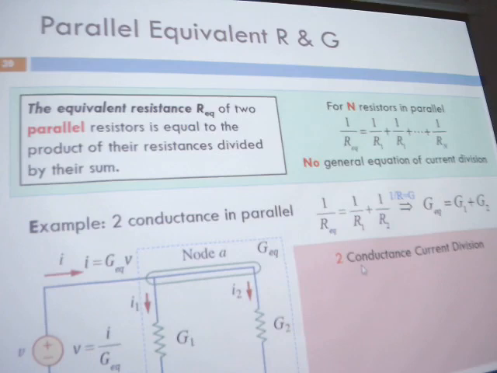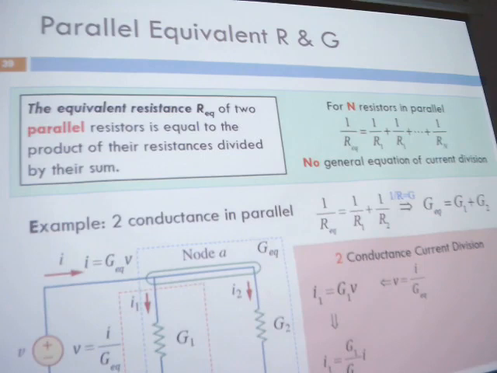Then we can get the two conductors current division. I1 equal to G1 V, clear? I1 equal to V over R1, clear? And for this equation, we can get V equal to I over Geq. And from this one, we can get I1, put this value G inside, and we get this one.